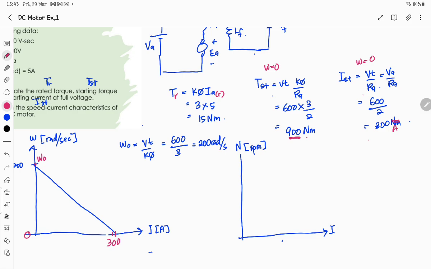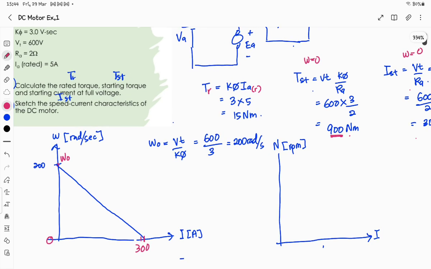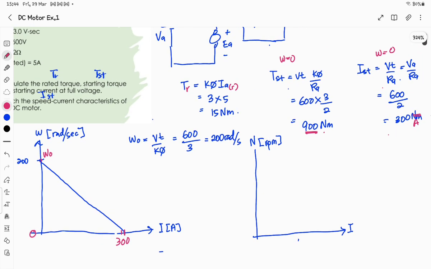Okay, alright, next, this one is speed versus current. So for speed versus torque, let's say I don't want to use the unit RPM, I just stick to radian per second. So omega in radian per second, and this one is your torque.